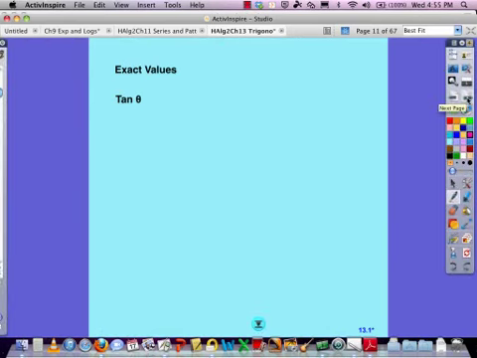Now, be very careful because we're also expecting you to know a few things from geometry, and they're called the exact values. You should be able to say the sine of 30, the sine of 60, and, whoops, meant to squeeze 45 in there, the sine of 45, so back it up, the sine of 30, sine of 45, and the sine of 60.